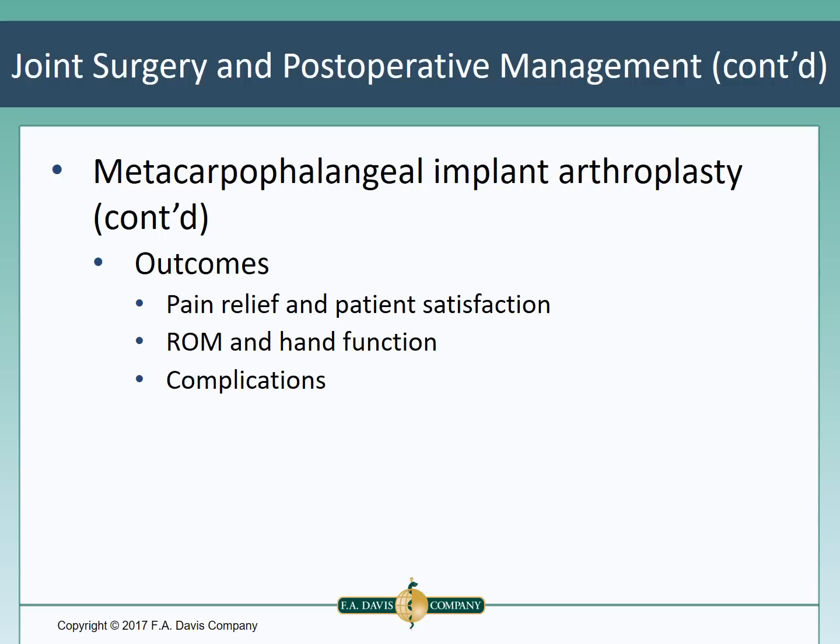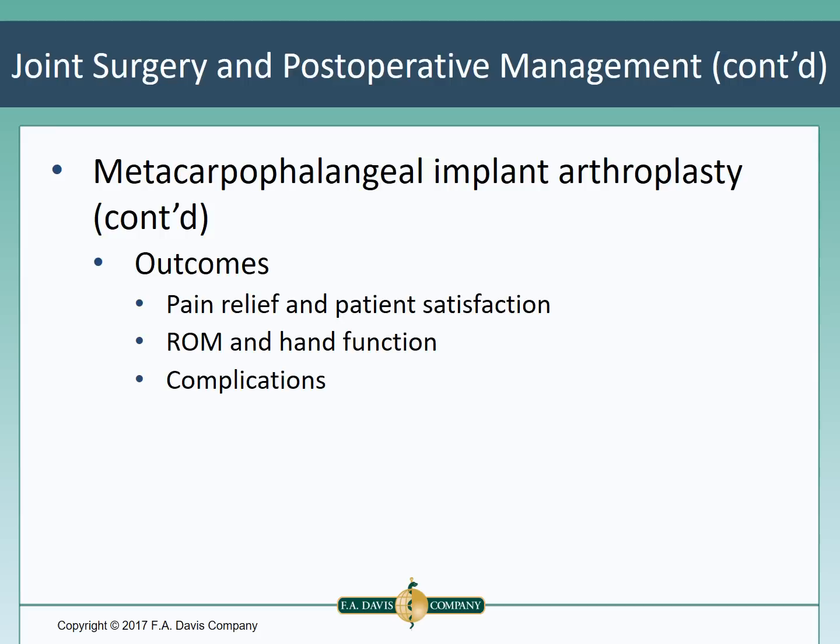So kind of continue down this road with the outcomes. They're actually relatively okay. Usually, again, the reason the patients are getting these surgeries is for improved hand function and pain relief, and that's usually why patients are satisfied. With the range of motion, again, I'm not necessarily saying I want full range of motion.